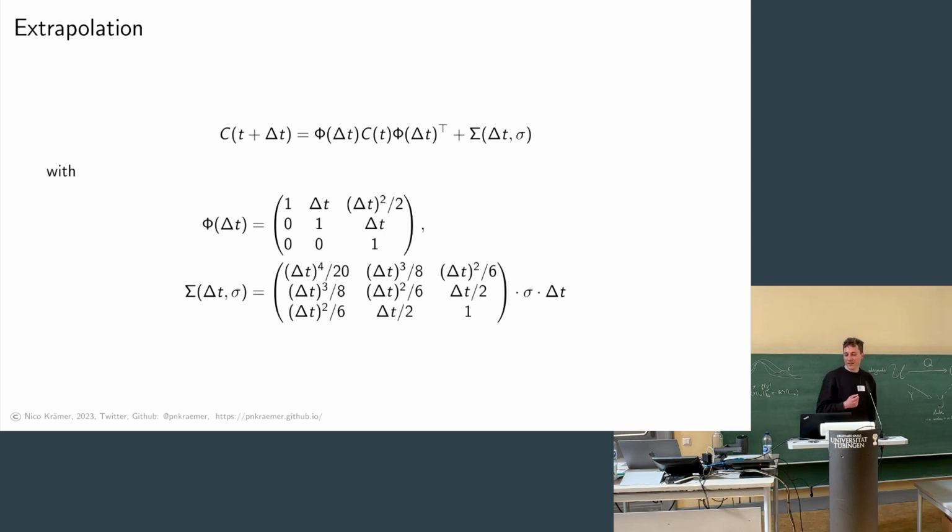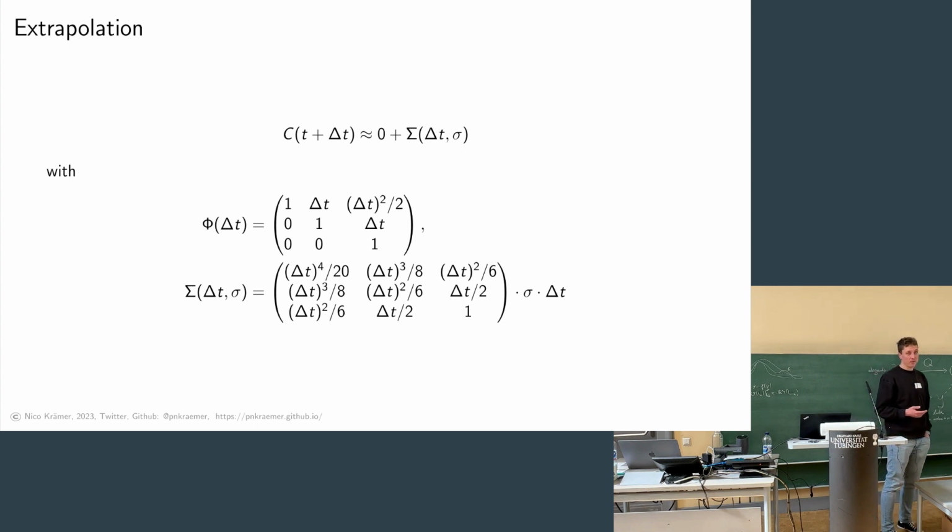But the thing is that our covariance matrix C estimates the error of our ODE solution. And what happens if we have a really good ODE solver? Then C is basically 0, or at least we want it to be small. We want C to be as small as possible. So what happens a lot, for example in the very first step after initializing our solver, is that we're computing 0 plus sigma. That is our process noise.